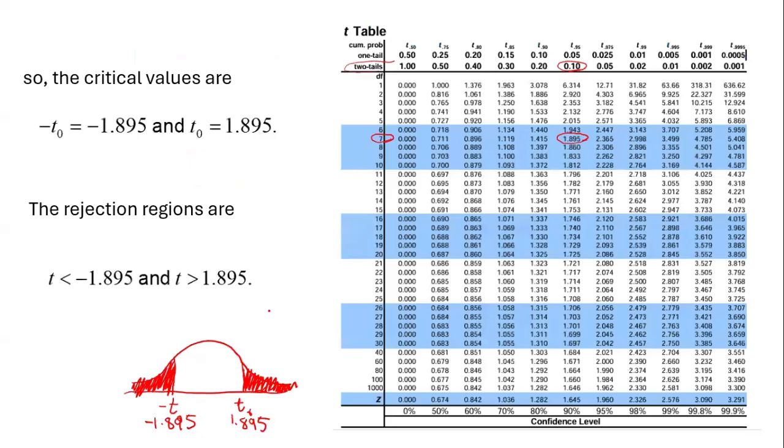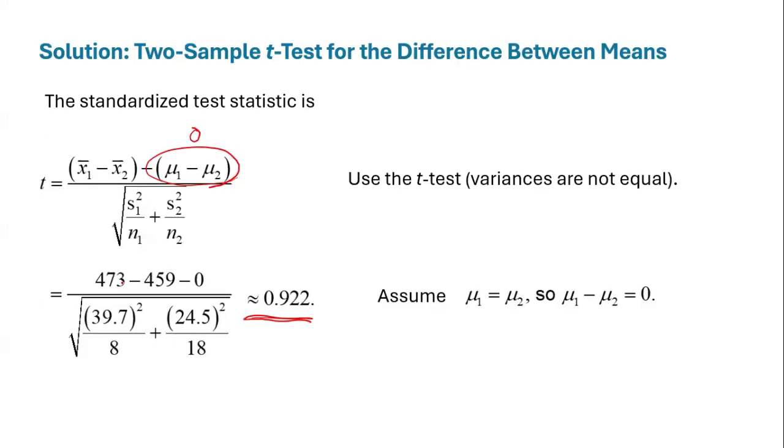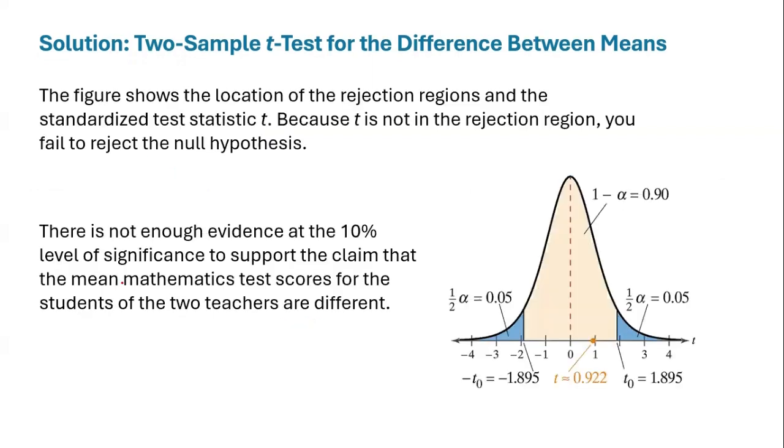The rejection region tells me that any number that's more than 1.895 or less than negative 1.895. Is this number in the rejection region? No. If it's not in the rejection region, that means we fail to reject the null.